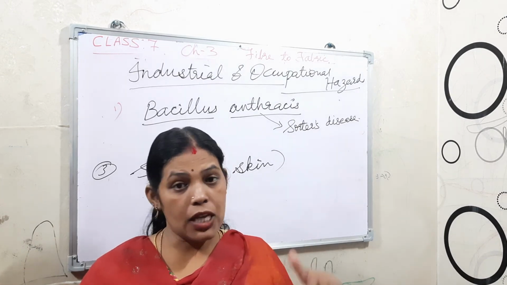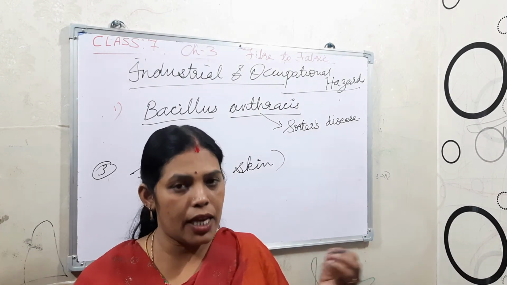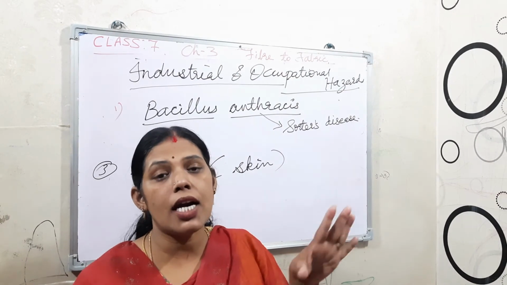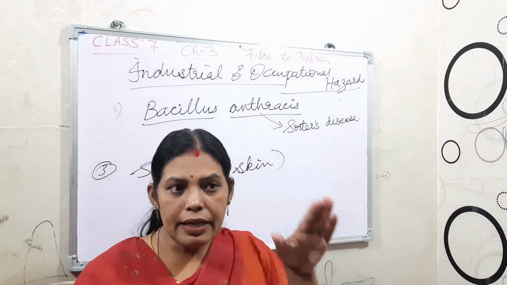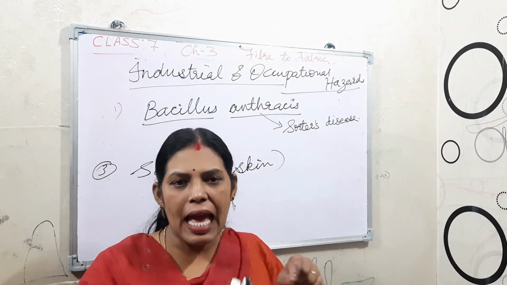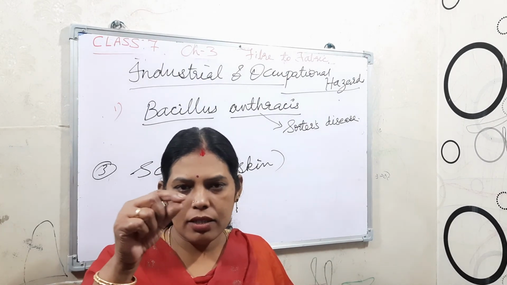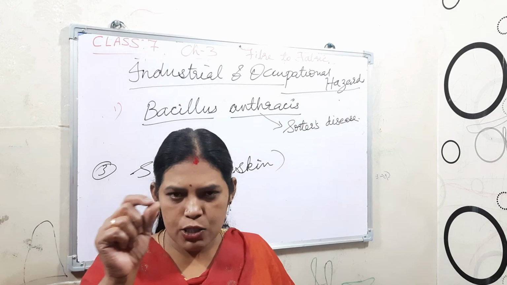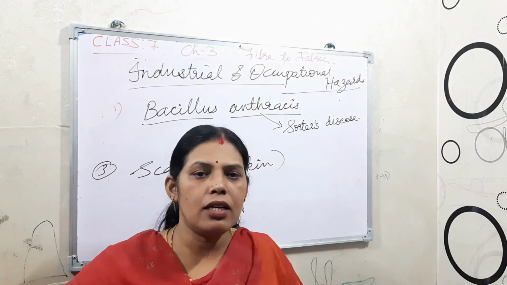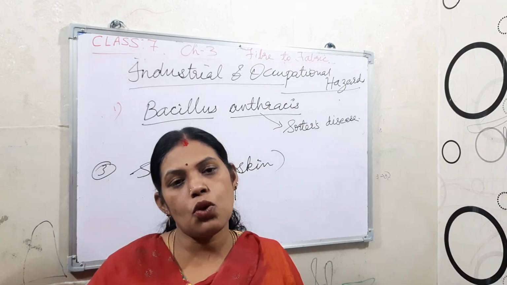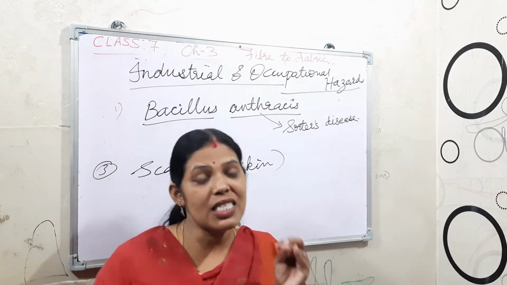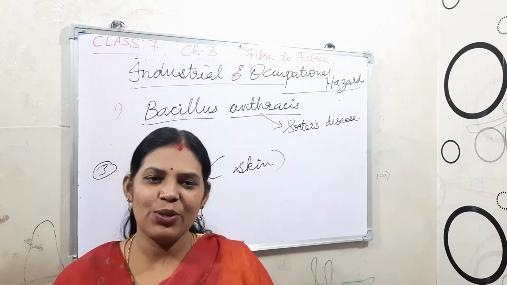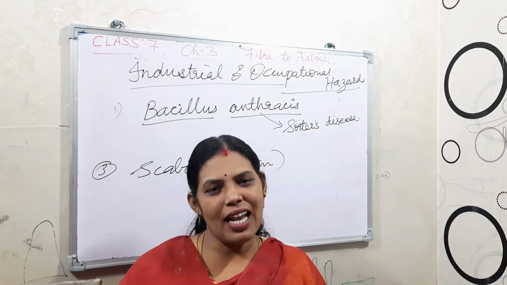It also catches fire easily, burns very fast and quickly, and melts away, but it leaves a black bead-like structure, small and round in shape. From that we can come to know which is the pure quality and which kind of fiber it is. I hope you understood this chapter very well.